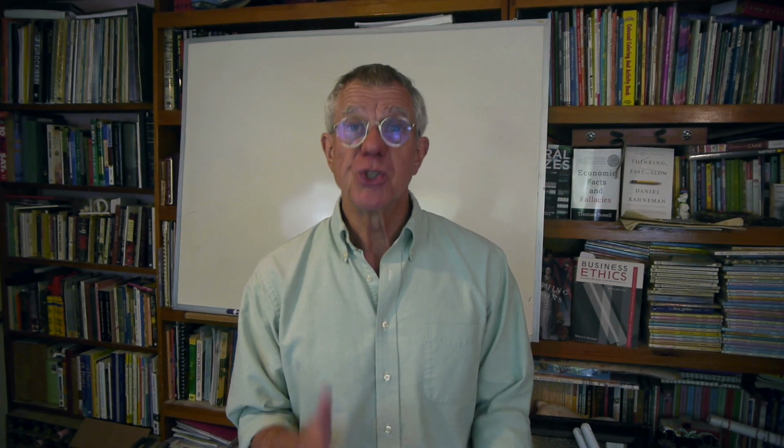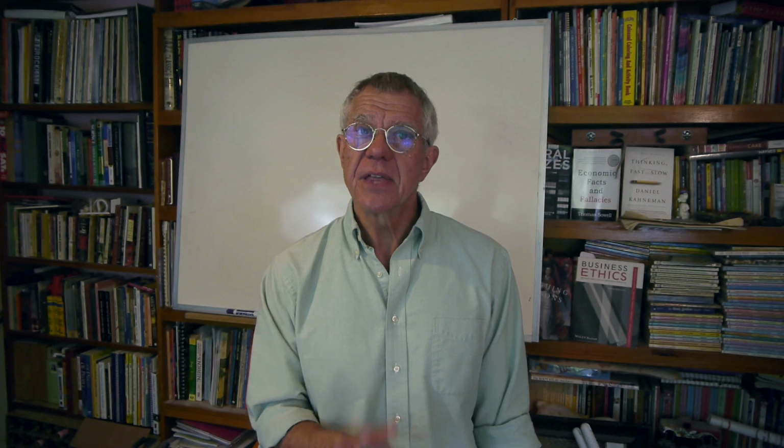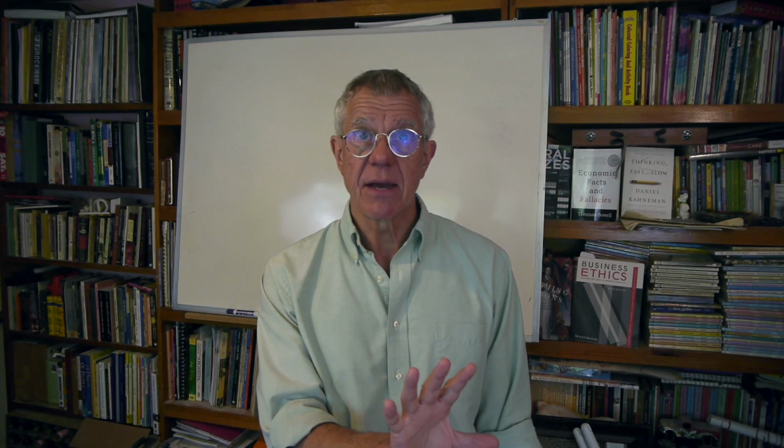Now I've been talking so far about responsibilities to do things, but we could also interpret all of those circles in terms of a negative interpretation, responsibilities not to do something. And so we could think of the economic responsibilities there as responsibilities not to be profligate, not to be foolish with shareholders' money.